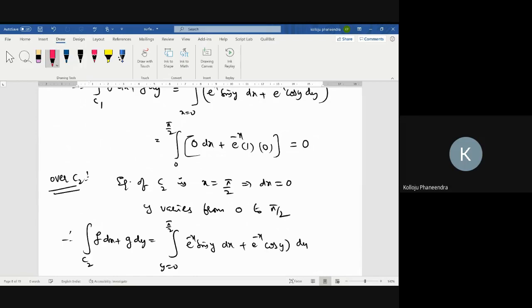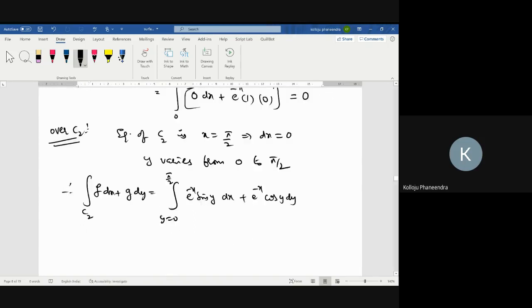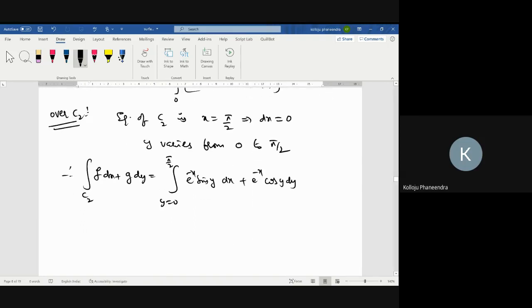Here x equal to pi by 2 and dx equal to 0, so the first term is 0. The second term is e power minus pi by 2 cos y dy. Taking e power minus pi by 2 outside, the integral of cos y is sin y between 0 to pi by 2, so only e power minus pi by 2 remains. E power minus pi by 2 is the second integral answer.